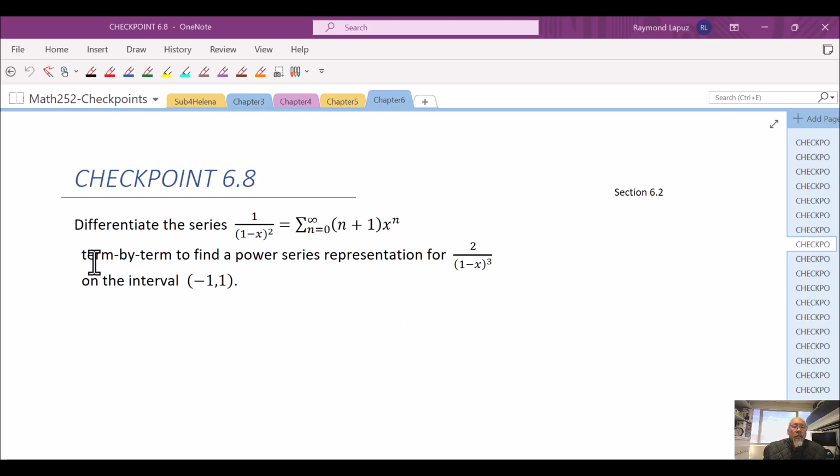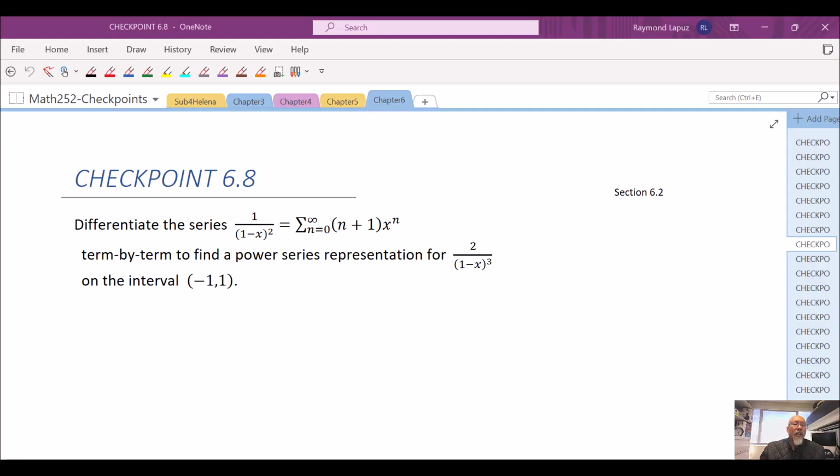And then it says to use term by term differentiation to find a new power series representation for this new function, 2 divided by (1 minus x) cubed, which I'm assuming is the derivative of this original function.